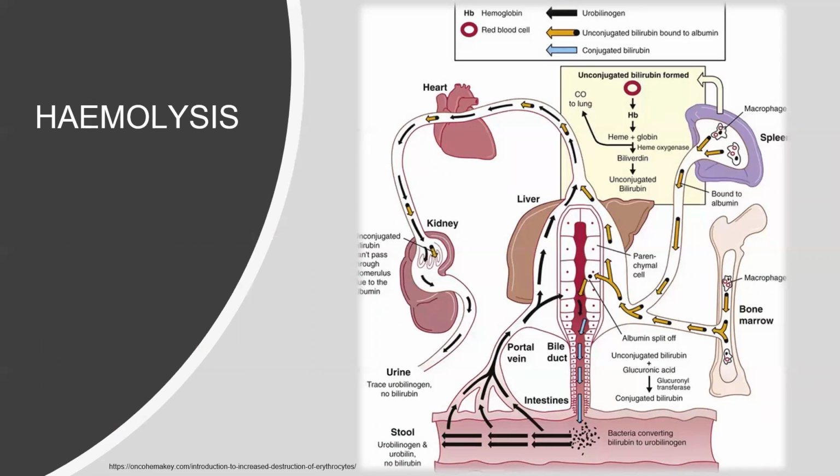Hemoglobin, as a part of RBCs, is hydrolyzed into heme and globin. Globin is further degraded into amino acids that return to the amino acid pool, and the iron from the heme returns to the plasma via ferroportin, as we covered before.